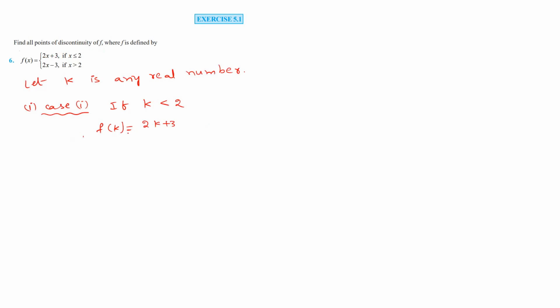The limit as x tends to k of f of x is 2x plus 3, which equals 2k plus 3 when we substitute k. Therefore, the limit as x tends to k of f of x is equal to f of k.